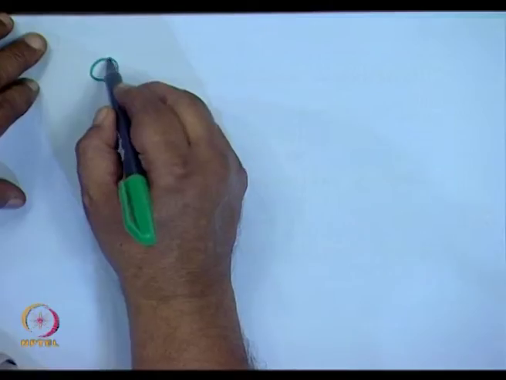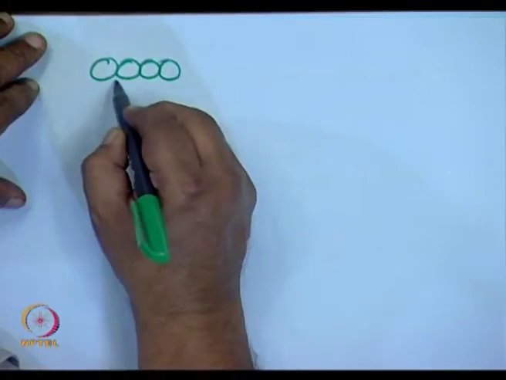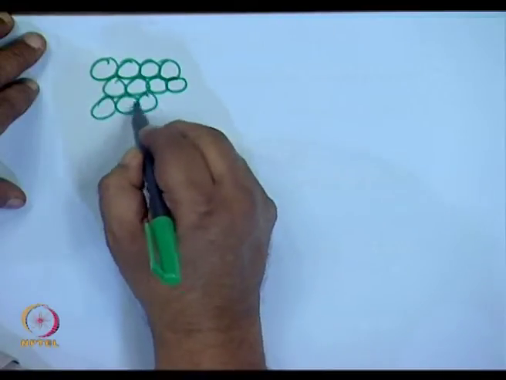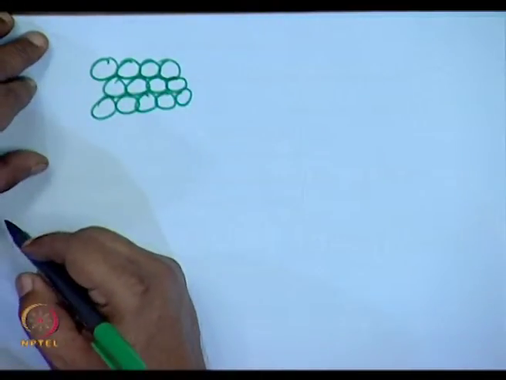Let me presume I take sand. It doesn't matter whatever sand you have, and I try to compact it. All of you have read in your material science course that the most packed system is the face-centered cubic lattice, with an atomic packing factor of 0.74.